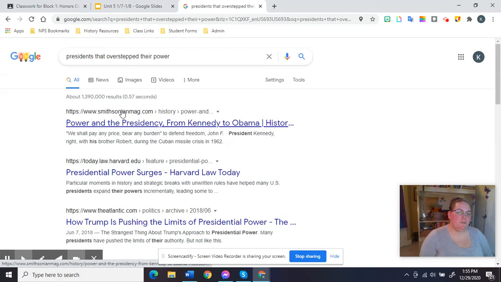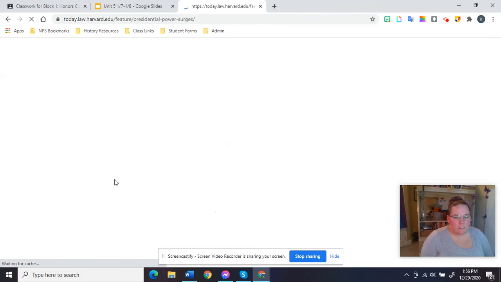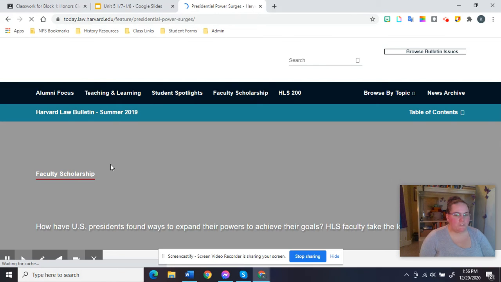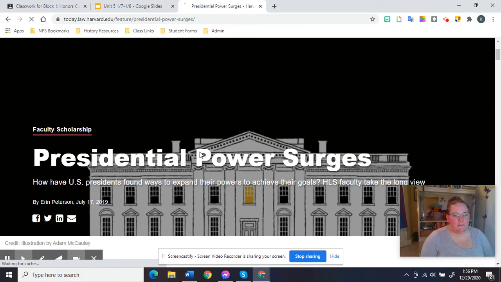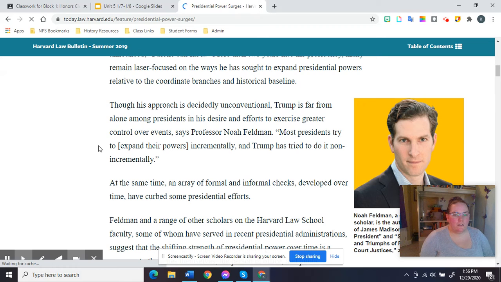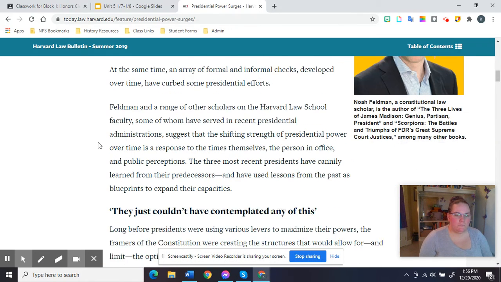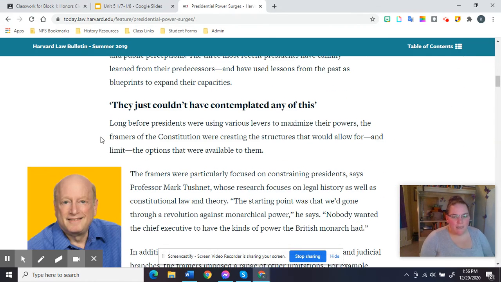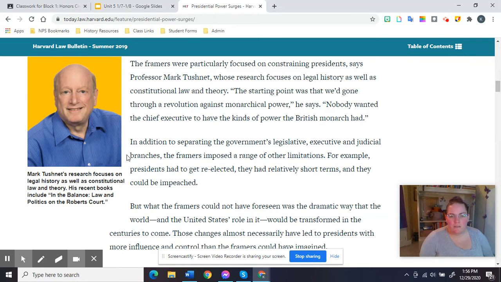If you don't know, Smithsonian Magazine is a pretty reputable source. So that would be a good one. And then we have harvard.edu. So let's go to Harvard. You should look at .edus and .coms, and you have to think about the bias in what you're reading so you can be savvy. And then read through anyone you like. It doesn't have to be thorough, just skim it.